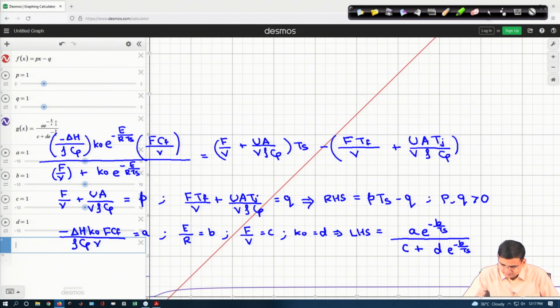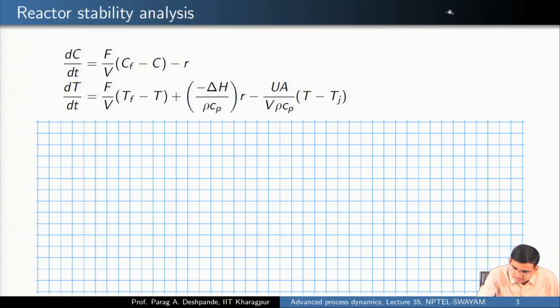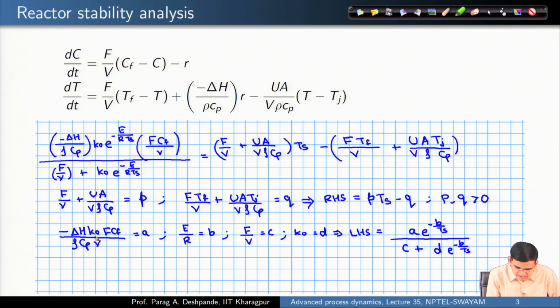Now, let us also analyze what kind of quantities these are. So, B is E upon R. So, B is certainly greater than 0. F by V is C. So, C is certainly greater than 0. Pre-exponential factor is certainly greater than 0.